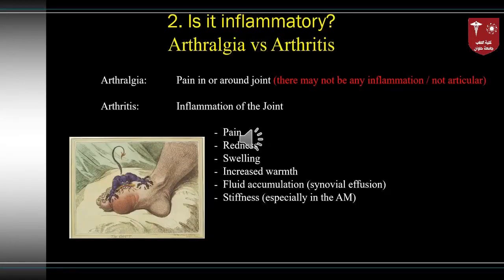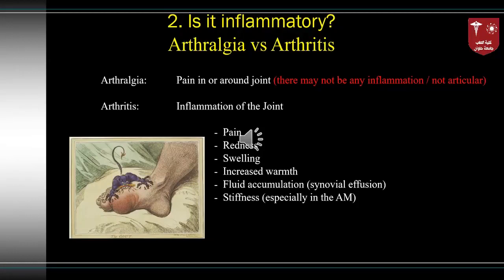First, we have to exclude the red flags, and after exclusion of the red flags, we go for the second step to check is it articular or not. If it is articular, third point, we have to check is it inflammatory or not. And by inflammation, I mean the cardinal signs of inflammation: redness, swelling, pain, and loss of function, which are the character of inflammation anywhere and also in the joint.